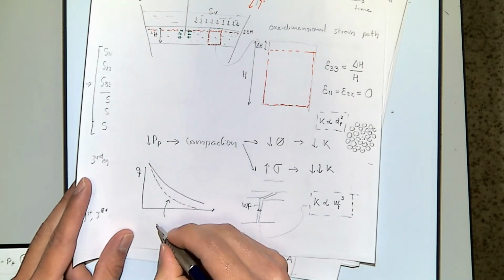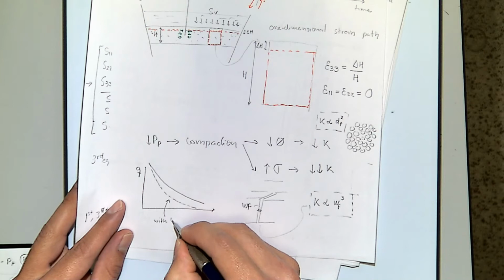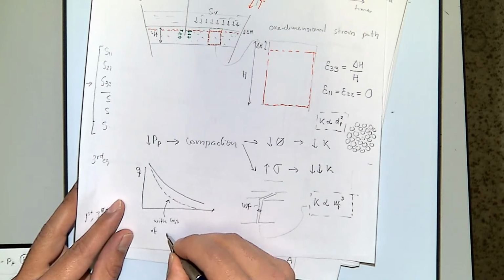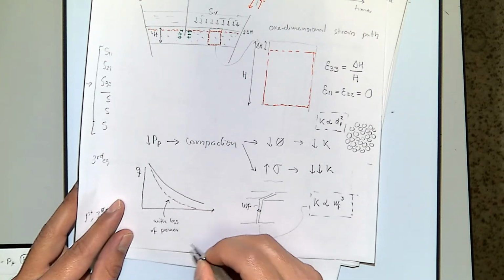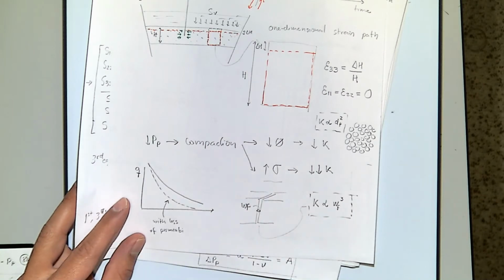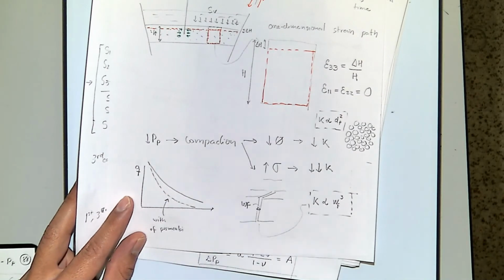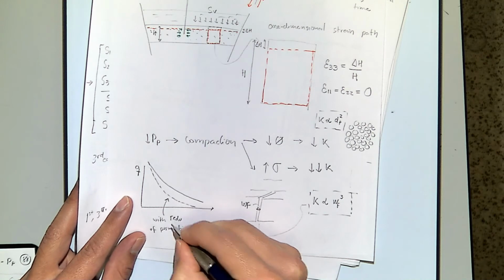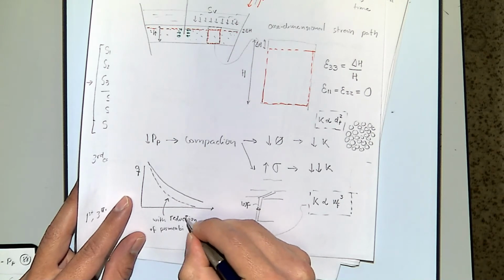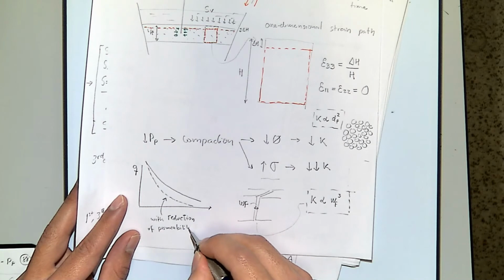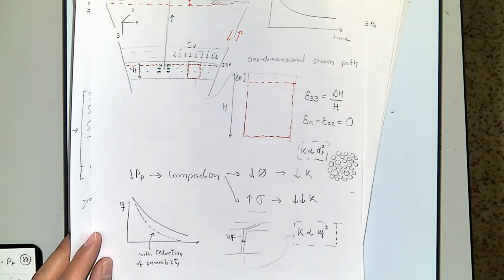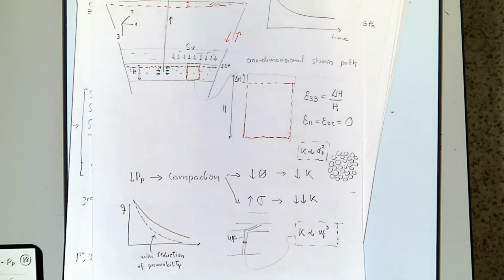So this one would be with loss or reduction of permeability. So from one point of view, this phenomenon of compaction is not good, because it reduces the permeability as a function of time.